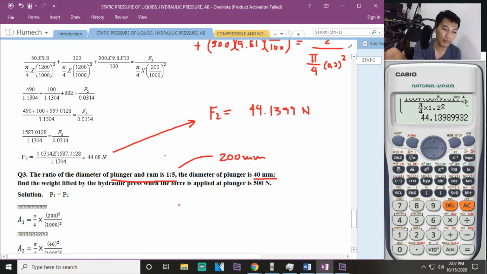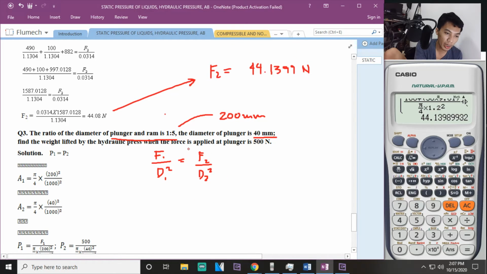Find the weight lifted by the hydraulic press when the force applied to the plunger is 500 newton. Ganito na lang yan. Force 1 over diameter 1 squared equal to force 2 over diameter 2 squared. Sir, nasaan yung pi over 4? O di kinancel ko. Pareho lang naman sila eh. So, ang hinahanap dito is F2, equal to F1 D2 squared over D1 squared.